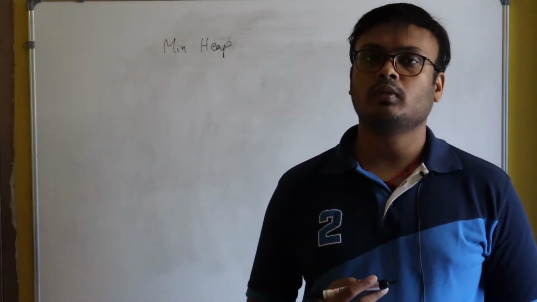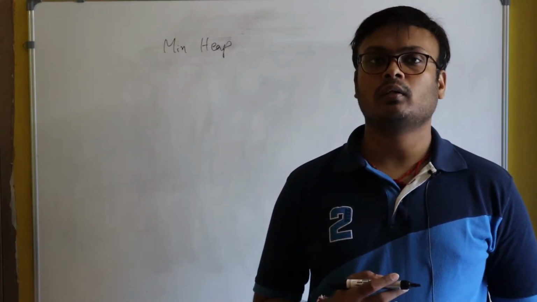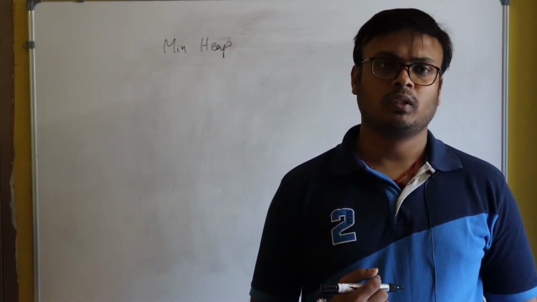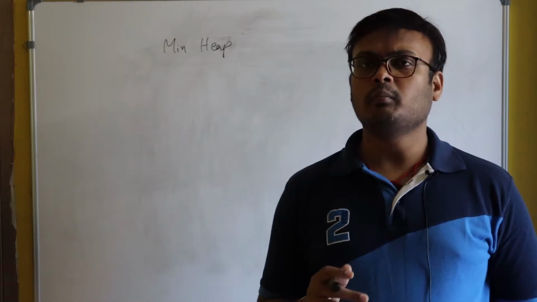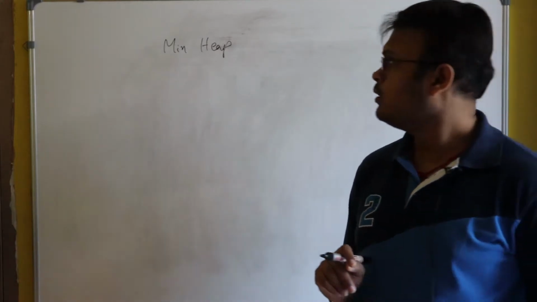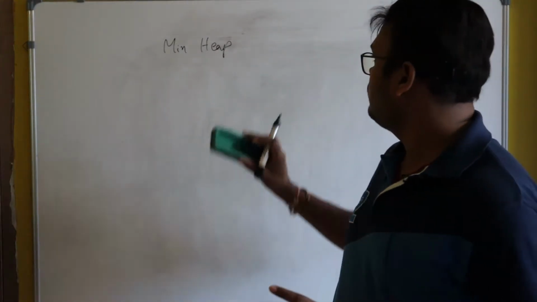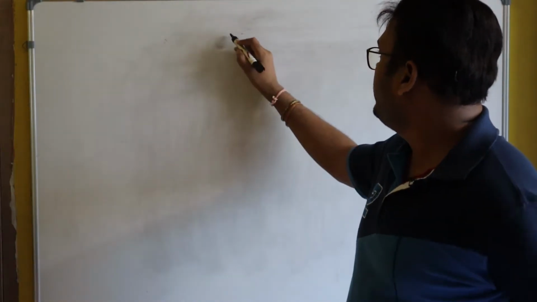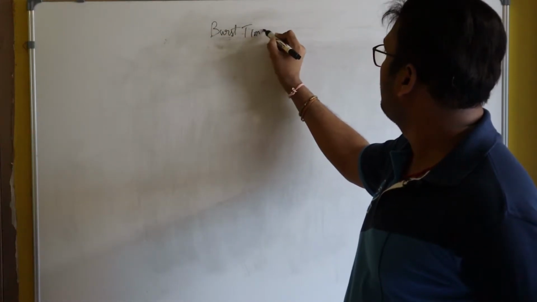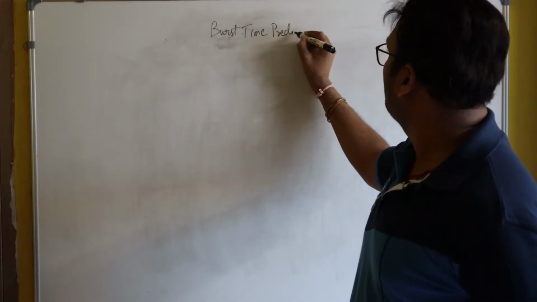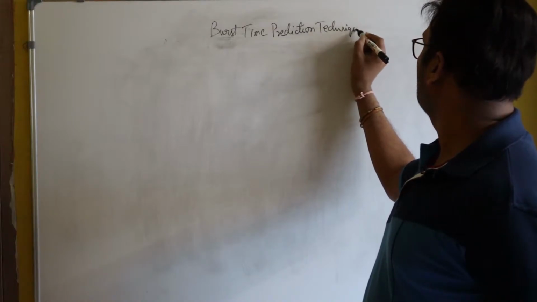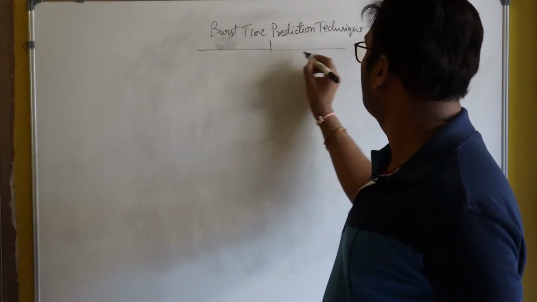So there are some methods from which you can predict the burst time. There are some methods, but I will teach you only one, because that's more important. So we have burst time prediction techniques. They are of two types.